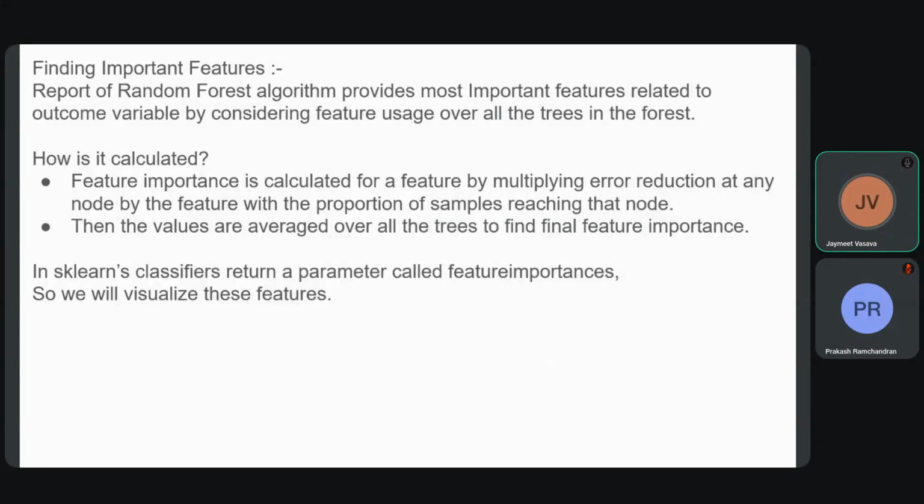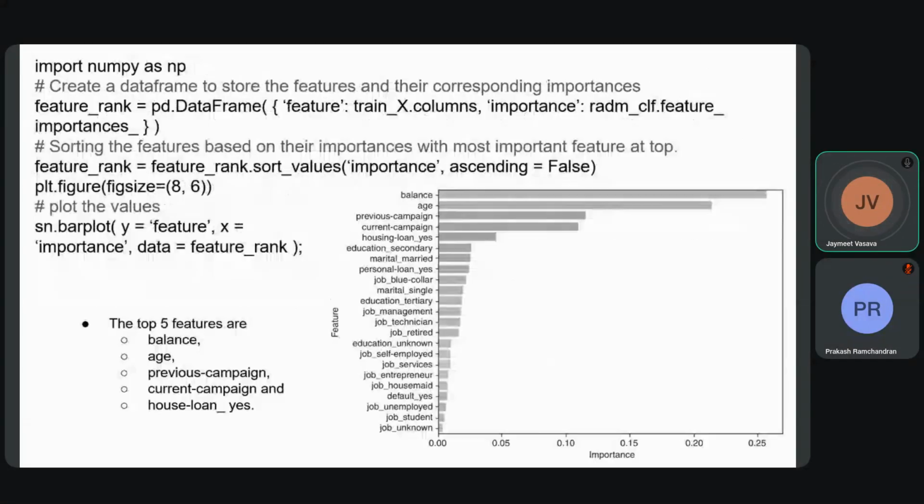So scikit-learn's classifiers return a parameter called feature importance. So we'll visualize these features now. Basically what we are doing is trying to visualize the features that are most impactful on making the subscription equals to yes.